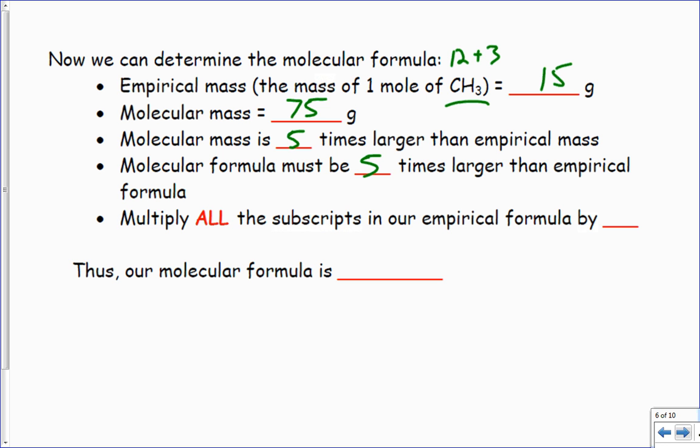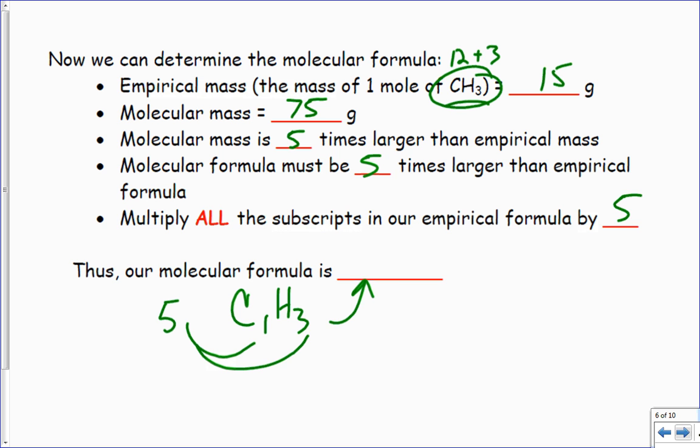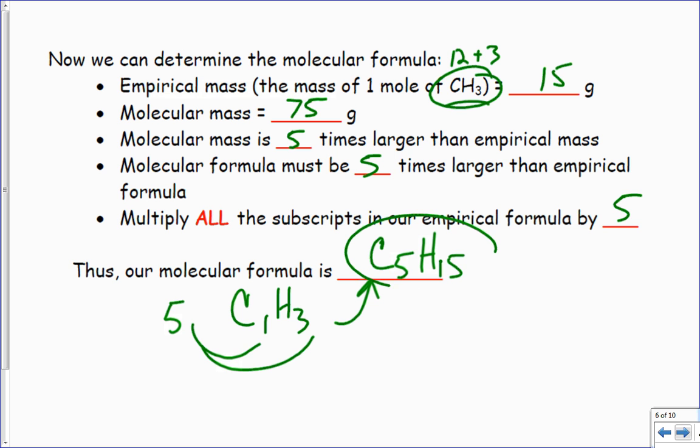So basically, I'm going to multiply all my subscripts by 5. So here's my initial empirical formula, C1H3. If I multiply all the subscripts by 5, that's going to give me C5H15. Now this is the molecular formula expanded.